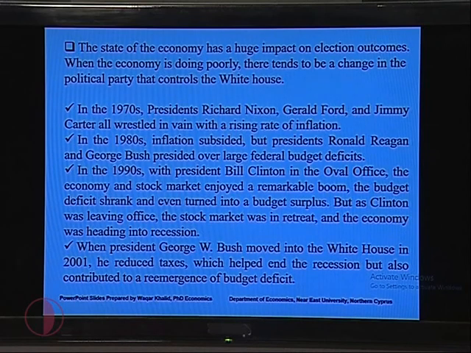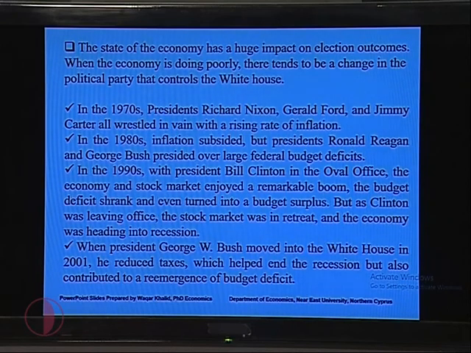At that time he reduced tax rates in order to end the recession, and he succeeded, but it also led to a re-emergence of budget deficits. So at the time of George W. Bush, the United States was again facing the problem of a budget deficit.